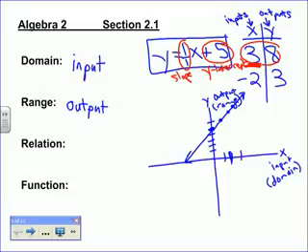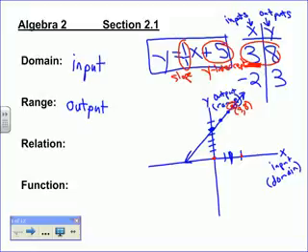So here's my input, where do I see the output? Yes, if you follow the 3 up here, here's my output at 8. So an input of 3 gives me an output of 8. So the 3 is part of my domain and the 8 is part of my range.